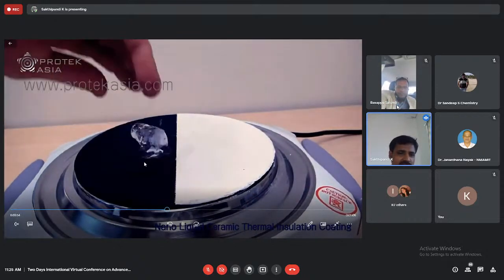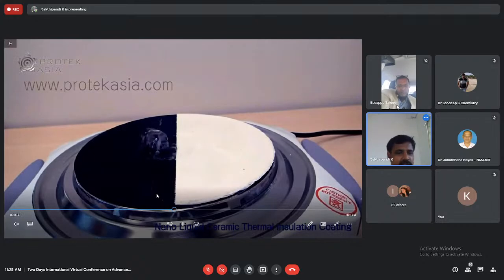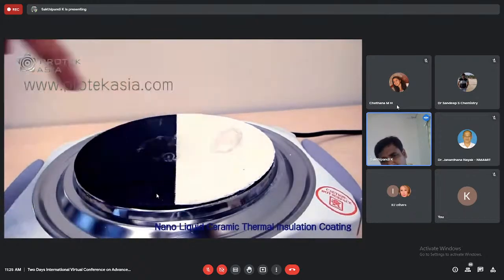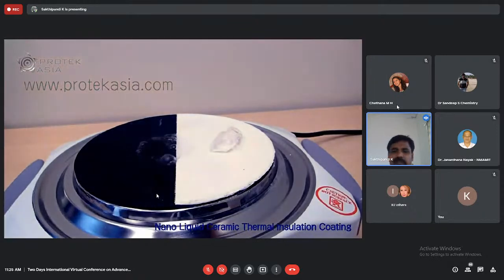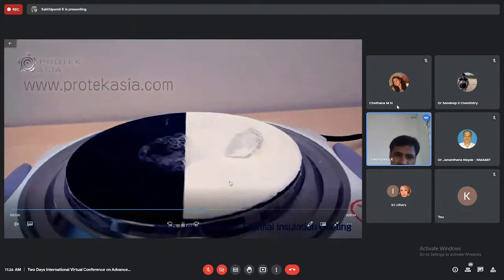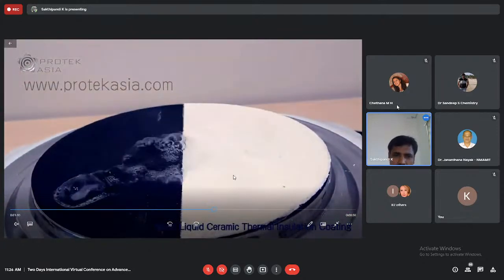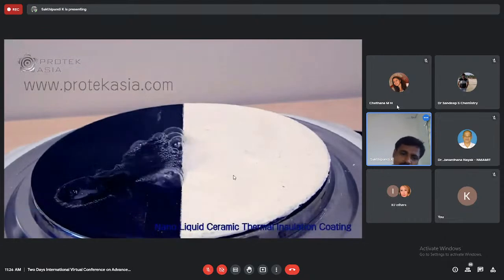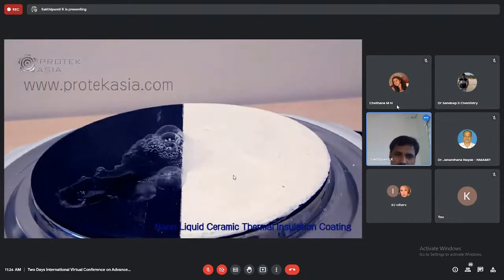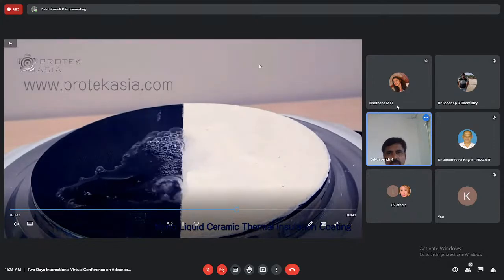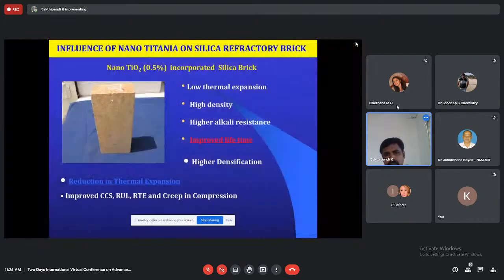If you put ice here, it melts easily. If you put ice here, it won't melt; it can withstand for some time because the temperature is reduced here. So you can change the temperature.